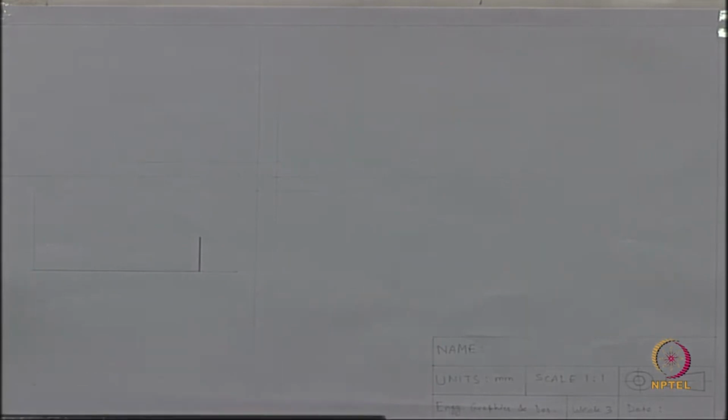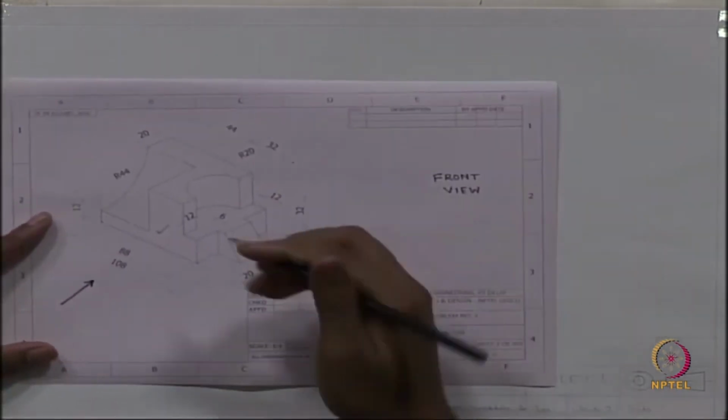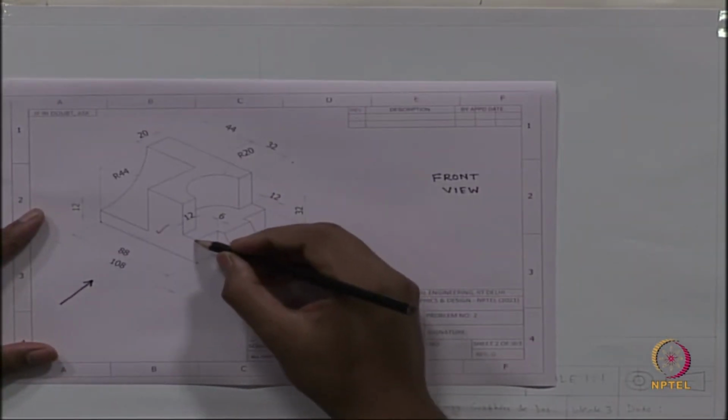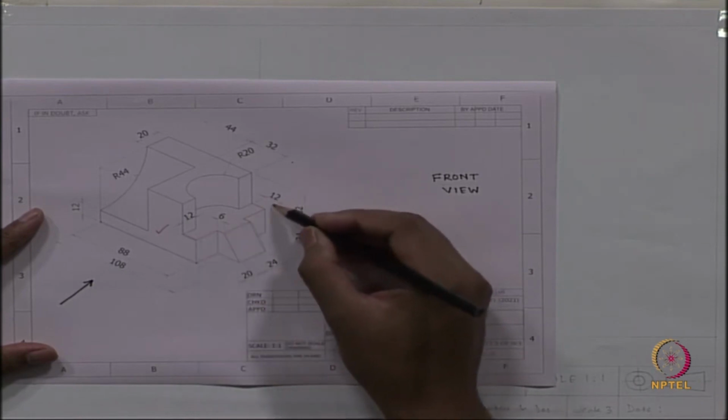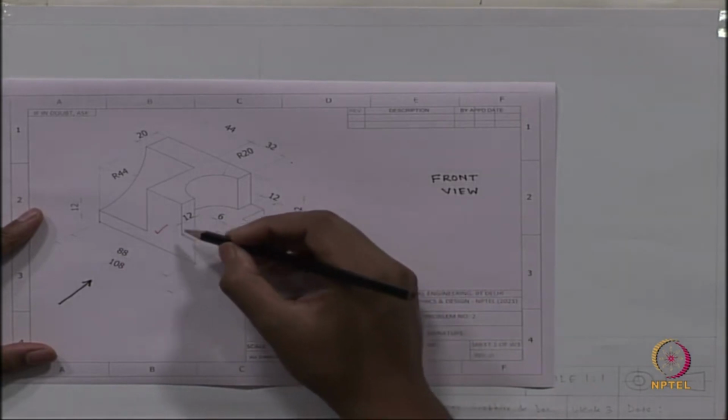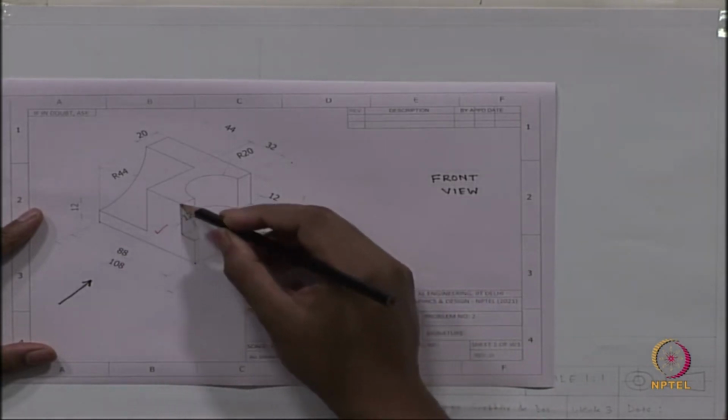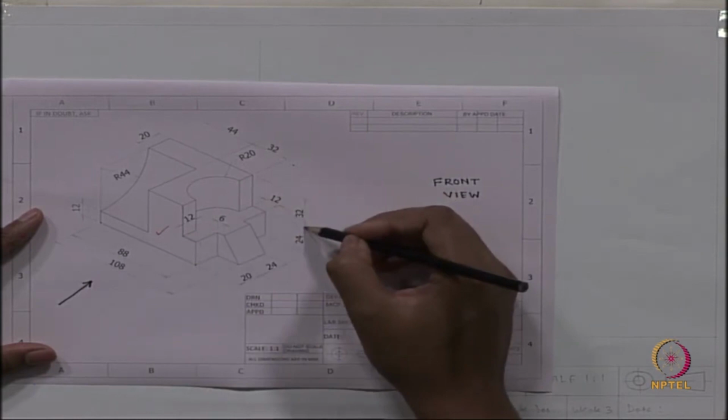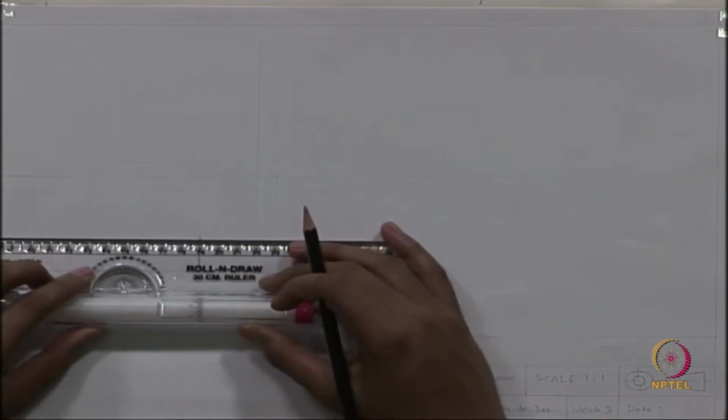Next, in the same feature there is again a horizontal line of distance 12, then a vertical line of distance 32, a horizontal line of 12 and a vertical line of distance 32.